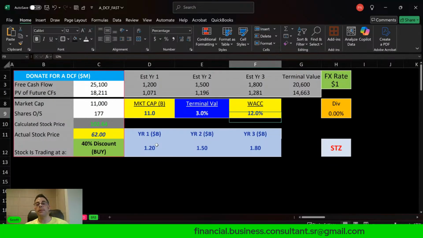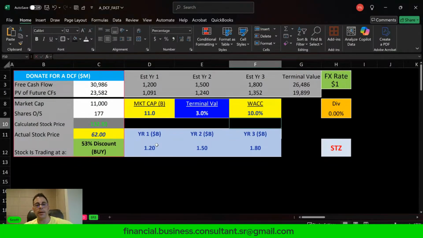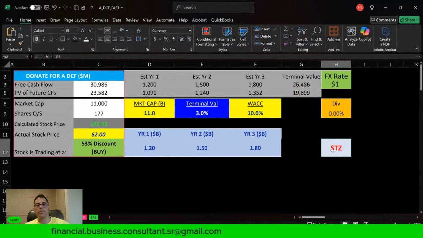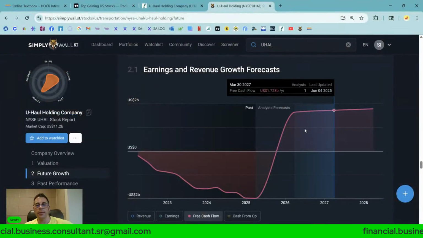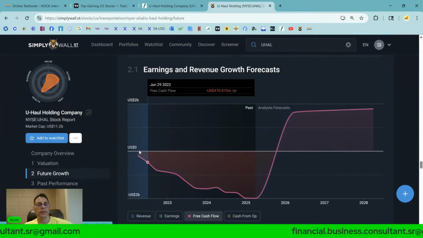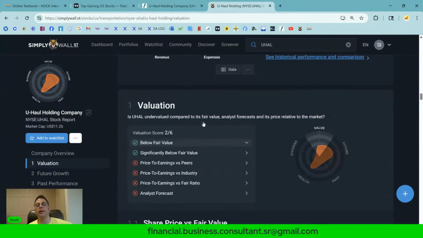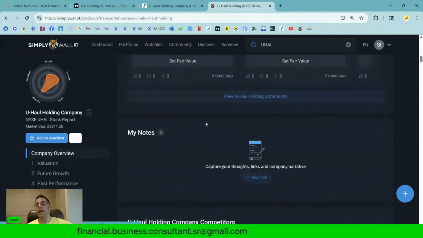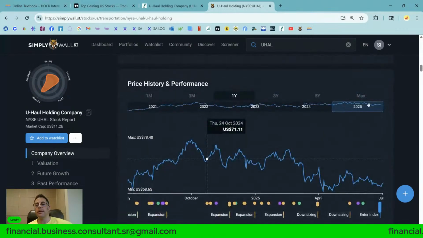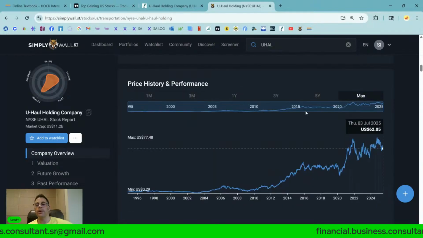So this seems like a pretty big buy. Pretty undervalued. U-Haul, why is it so undervalued? Is it because autonomous vehicles are gonna take over and we won't need U-Haul?